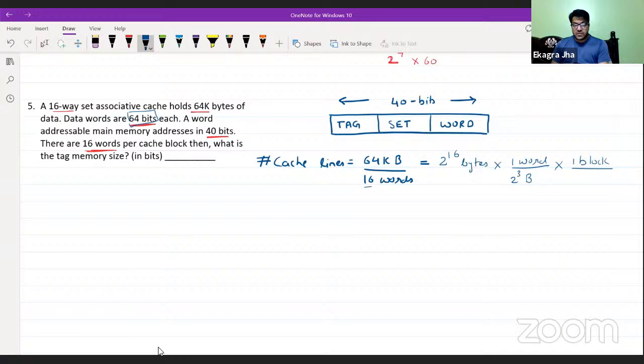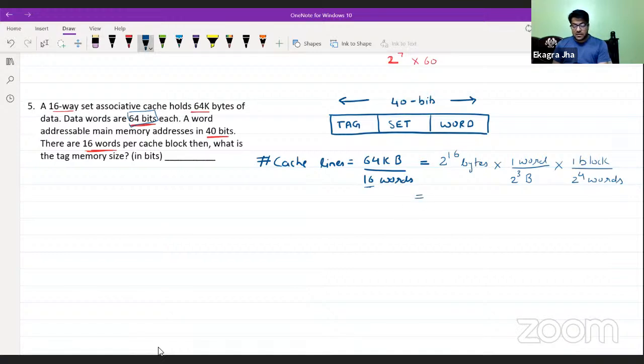So that is 16 words. Hence, we can write it as 2 to the power 4 words. Okay, so we were having 64K bytes divided by 16 words. 16 words means 2 to the power 4 words, and each word is actually 2 to the power 3 bytes, which is 8-byte memory. Okay, so this is how we can write it in here.